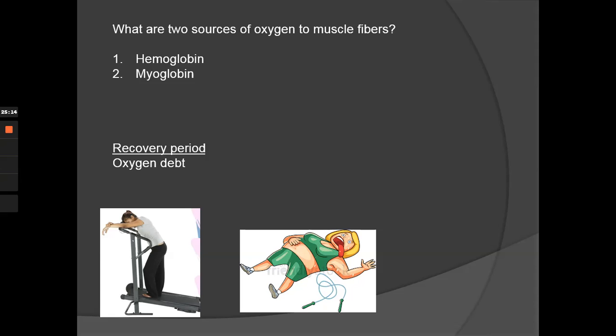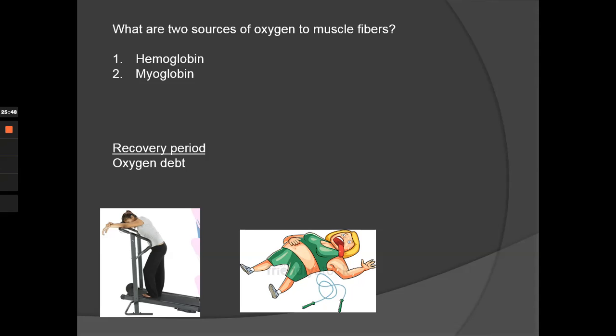Number 2, we are resynthesizing our creatine phosphate stores in the muscle fibers. So remember, that was one part of our muscle metabolism where we gained about 10 to 15 seconds of ATP. We only have a little bit in those muscle fibers, but that's one of the things that's going on. We are resynthesizing the creatine phosphate and kind of repacking those stores.